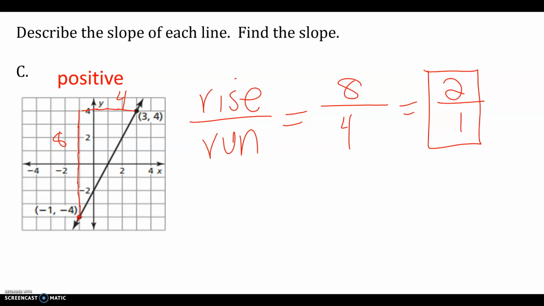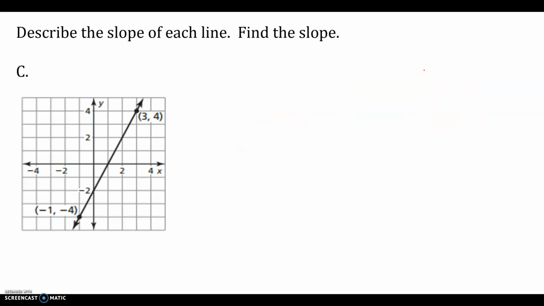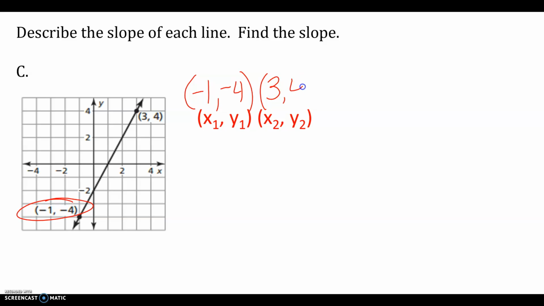Same problem, but let's do it using the formula. We have our points, so let's use this one, -1, -4, and 3, 4.